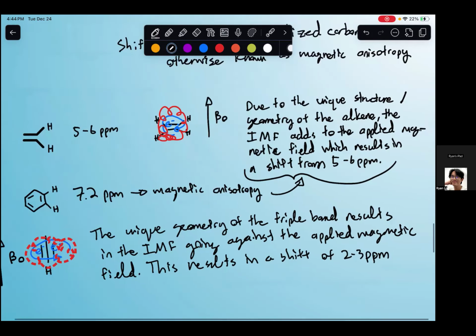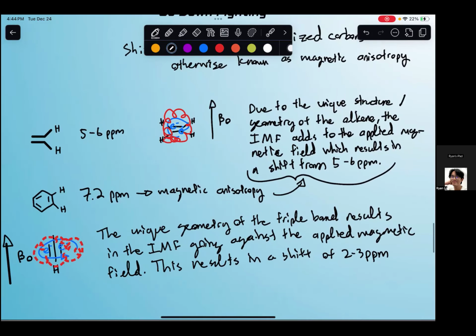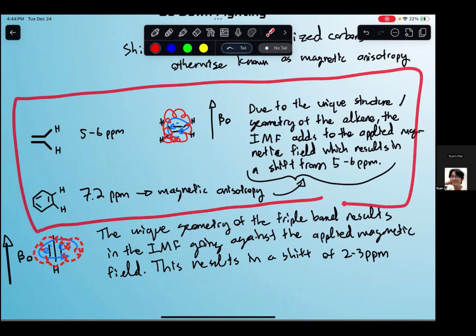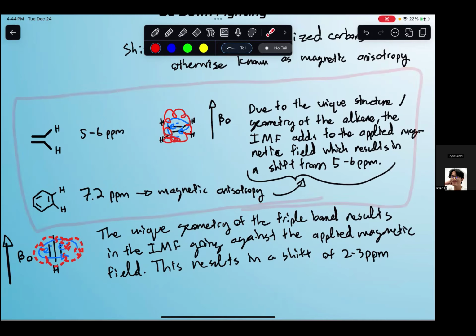So just to recap here: magnetic anisotropy is the phenomenon that accounts for why certain shifts show up the way they do in double bonds, or sp2 hybridized carbons. In strictly double bonds, they show up around 5 to 6 ppm because, due to the unique geometry of the double bond, the induced magnetic field that is generated ends up adding to the applied magnetic field and shifting around 5 to 6 ppm.